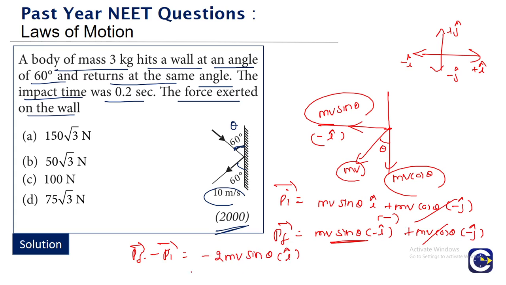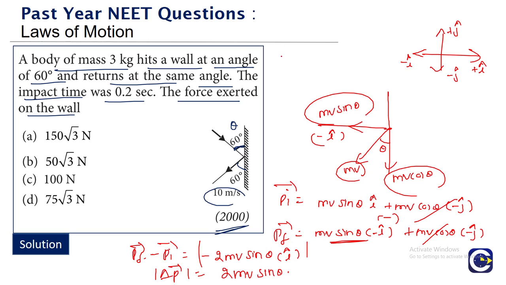This is the change in momentum. Change in momentum magnitude will be equal to what? If you take a modulus of this, the modulus of i cap is 1. Minus will not come because modulus is the absolute value. So it will be 2 mv sin theta. This is the magnitude of the change in momentum for this body of mass 3 kg.